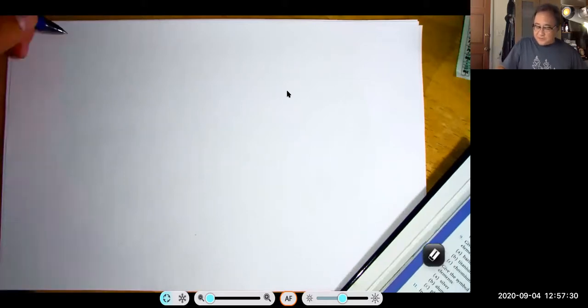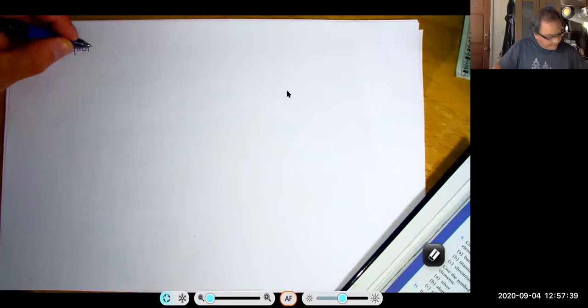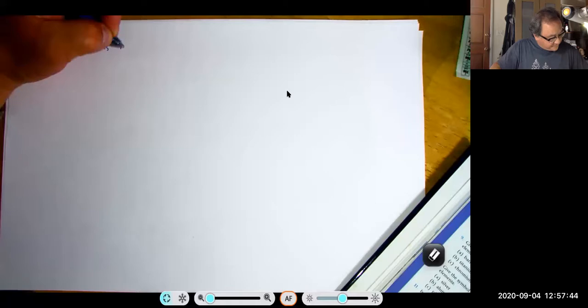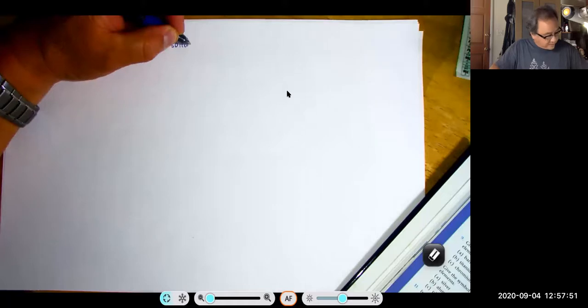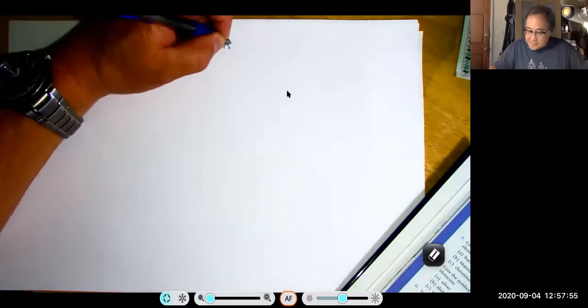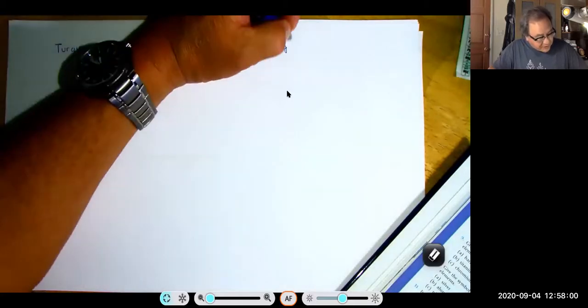All right, this is a good one that incorporates a lot of what we've just been talking about. A piece of turquoise is blue-green, solid, with a density of 2.65 grams per centimeter cubed.